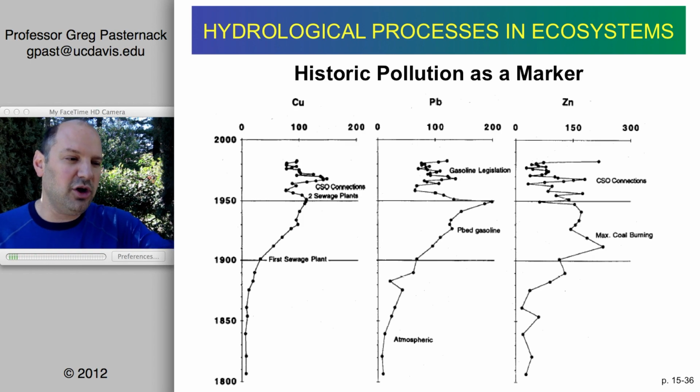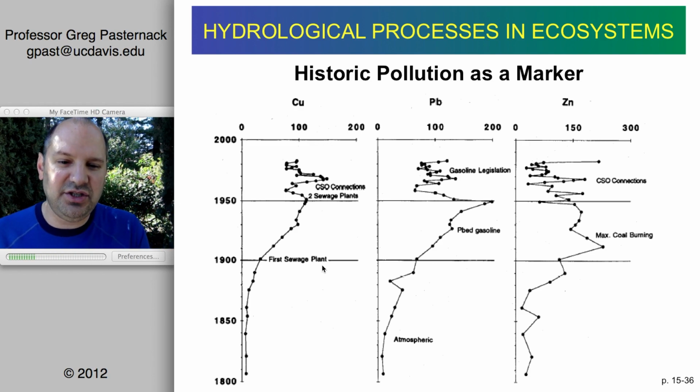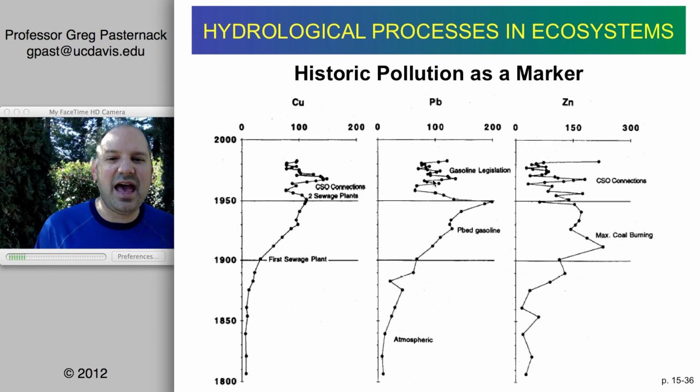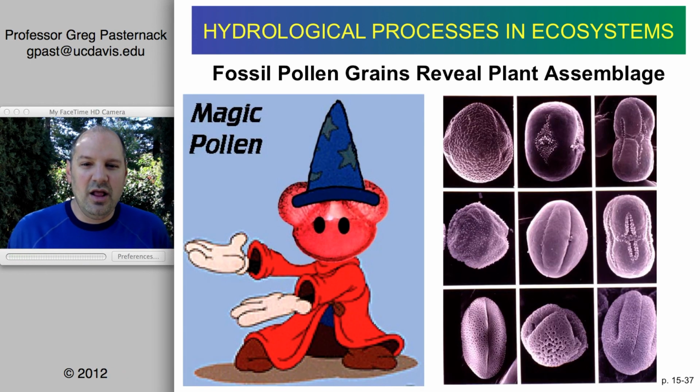But then if we look at the abundance of things down through the core, such as heavy metals, here's copper, lead, and zinc, you can see the abundance of these pollutants as you go down, and we can link that to known historical events, such as the onset of a sewage plant, or changes in the use of leaded gasoline, creating it and then abandoning it. Things like that can help us understand the influences on the formation and pollution or health of the floodplain.